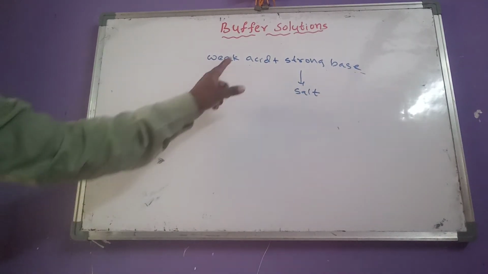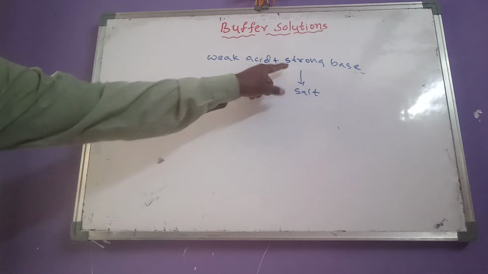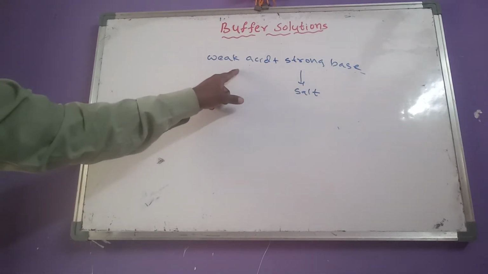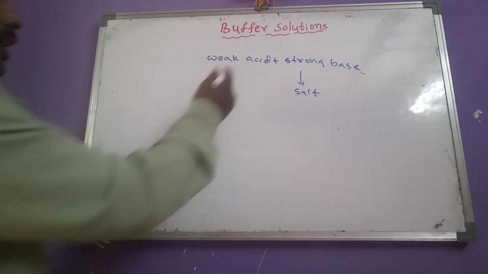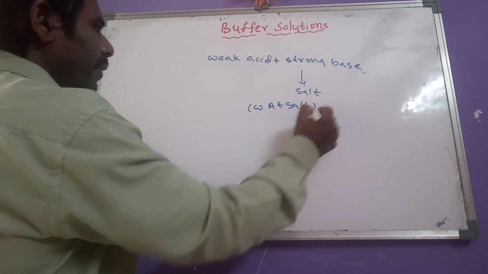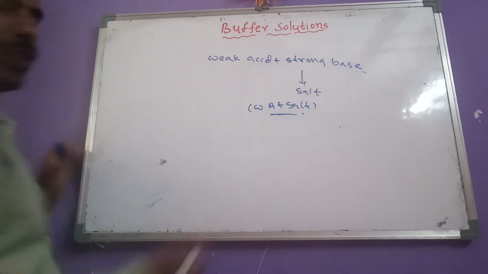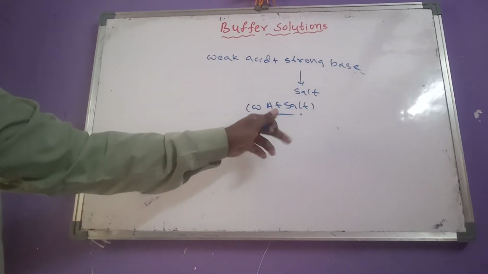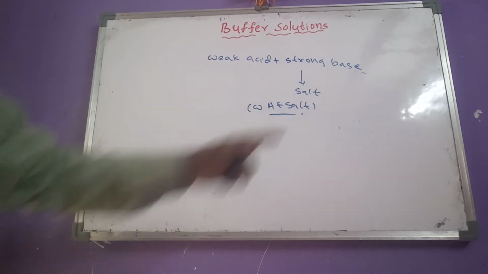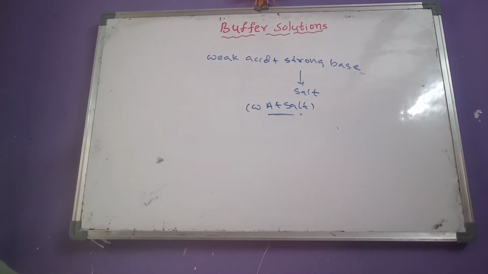That means between weak acid and strong base, the weak acid should be in excess amount, because to get the acidic buffer, this weak acid should combine with the salt. No need of strong base for the formation of the buffer here. Of course, it is helping, but weak acid plus salt mixture is said to be an acidic buffer.